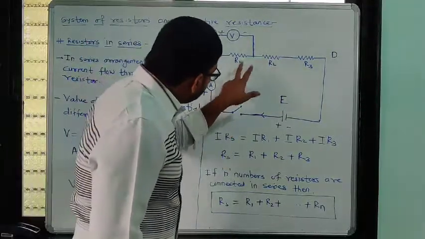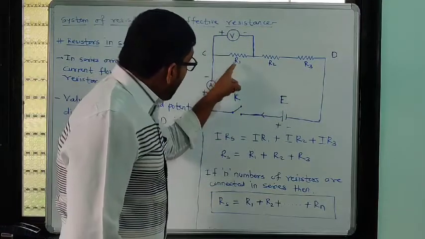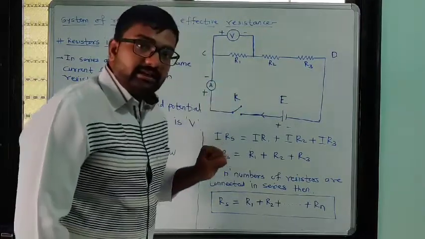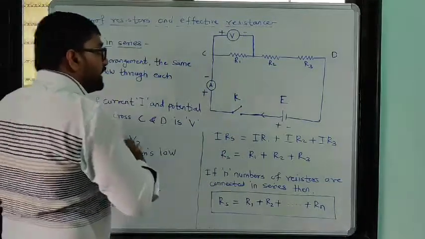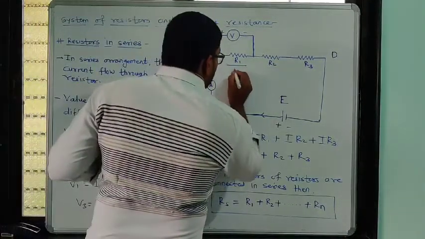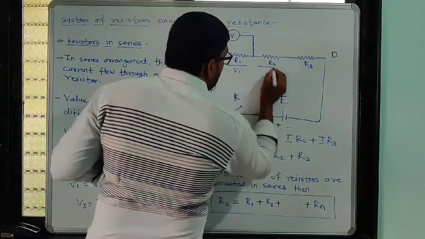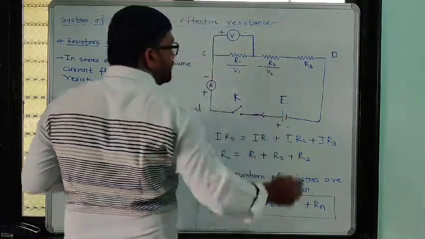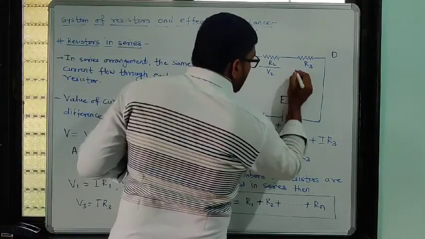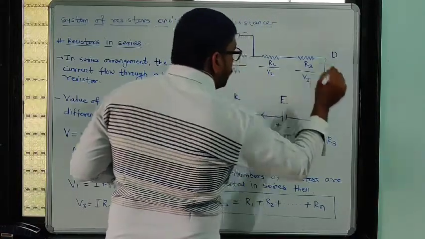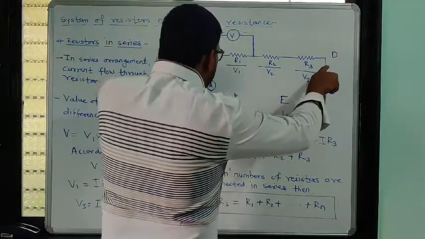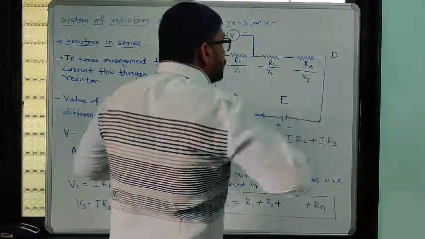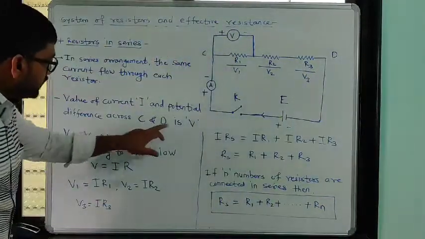Suppose this is resistor R1, across R1 the potential difference is V1, across R2 the potential difference is V2, and across R3 the potential difference is V3.